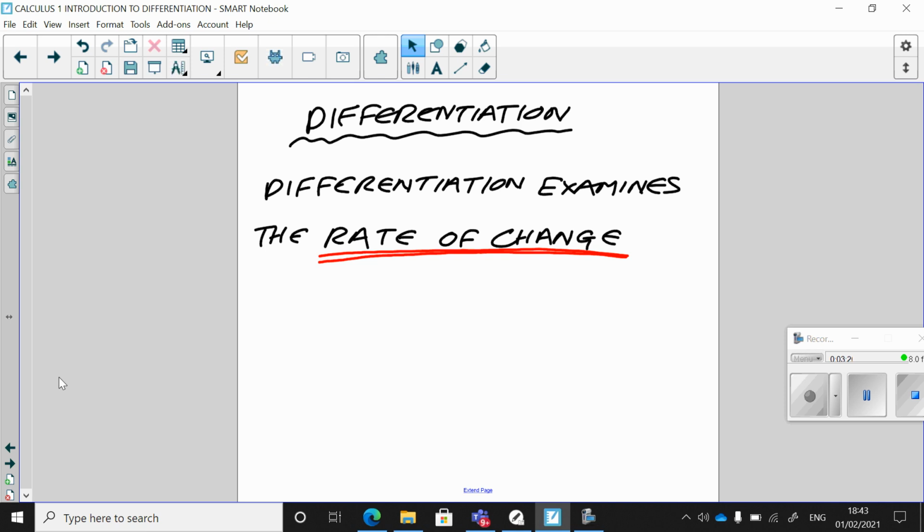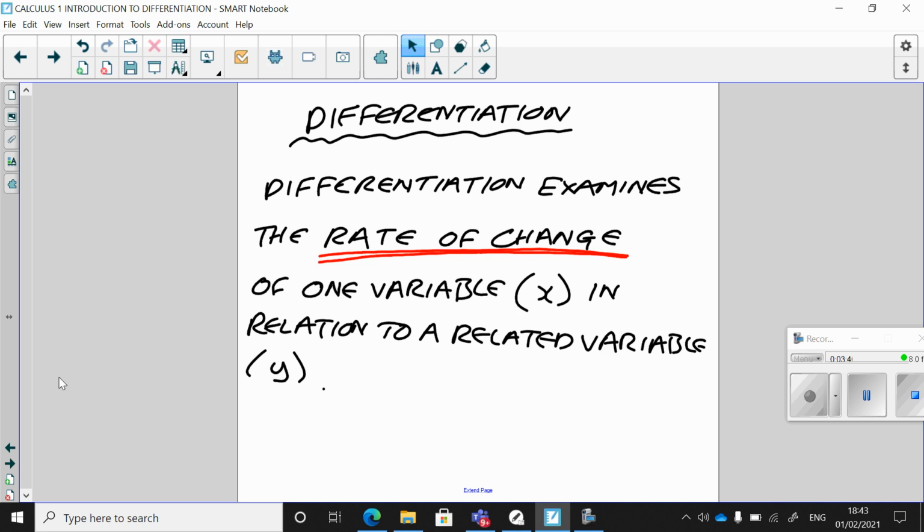So the first one, differentiation. We're looking at things called rates of change. This phrase is going to appear quite a lot. Well, we've only got two things here, and traditionally we use x and y.